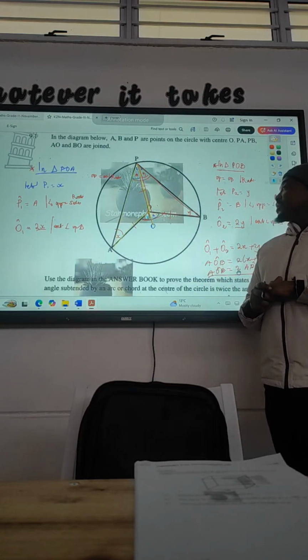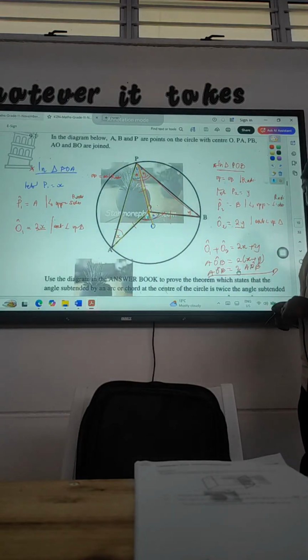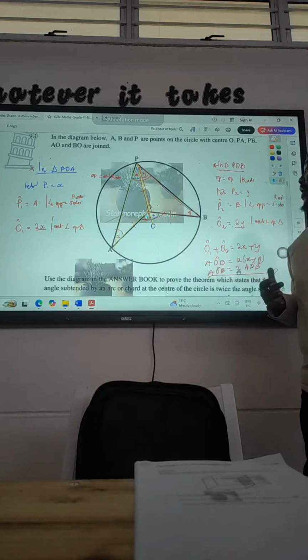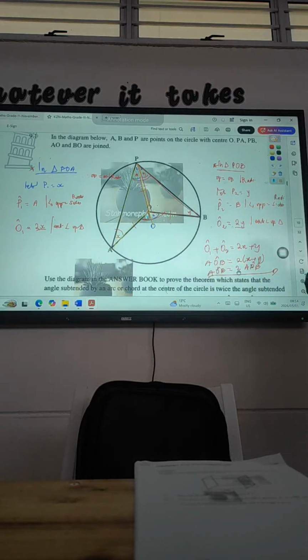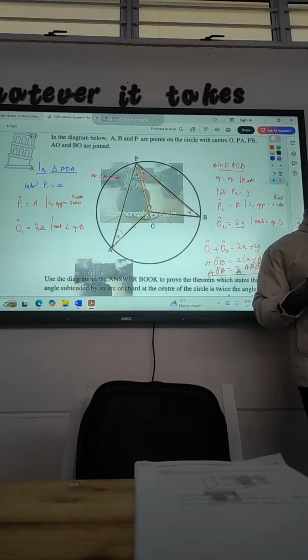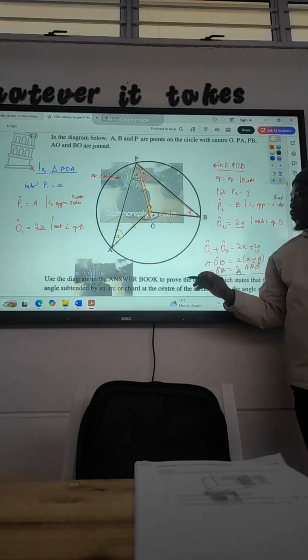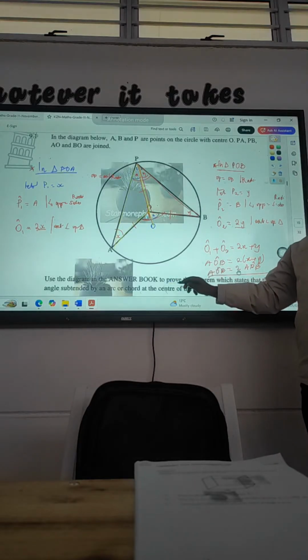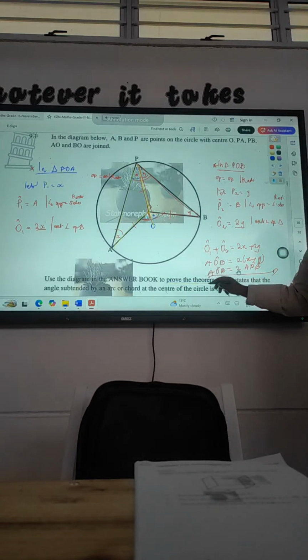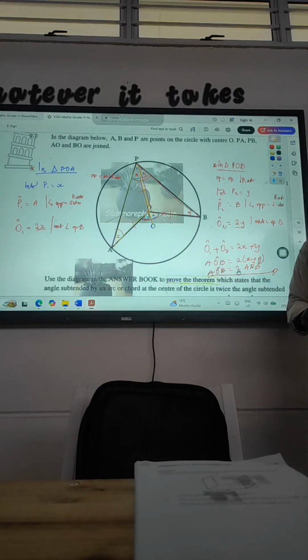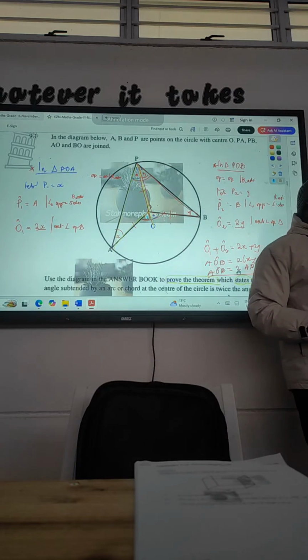So it's very important to know these proofs, and it's also very important to know how to apply them. And I said to you guys, every time you are required to construct, you will see on the statement or on the question, they will say, prove the theorem. You see, there's prove and there's also a theorem in the same statement, and then you know that construction must take place.